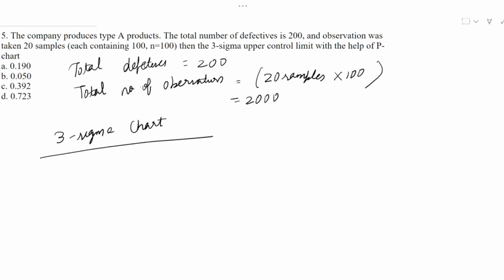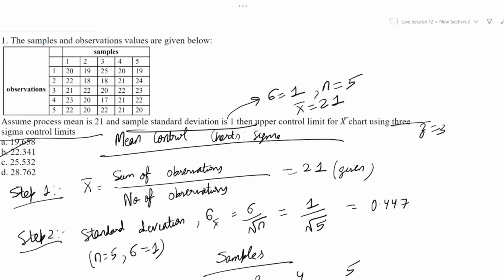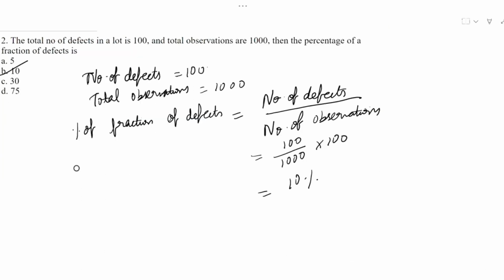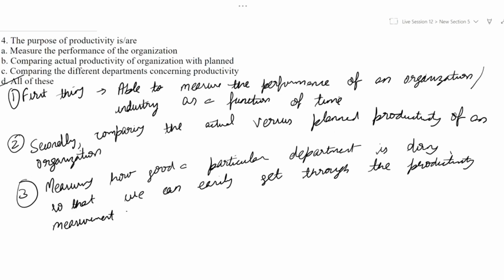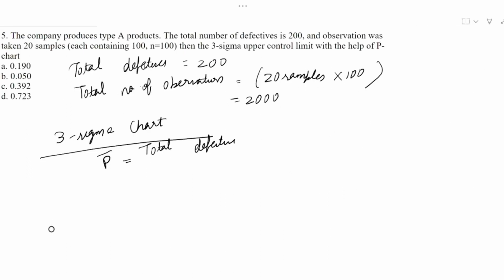So first we will find P bar, the fraction of defects. This is somewhat like your second question, where you had to find the fraction of defects.